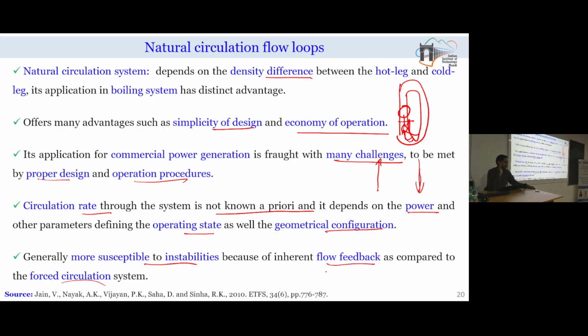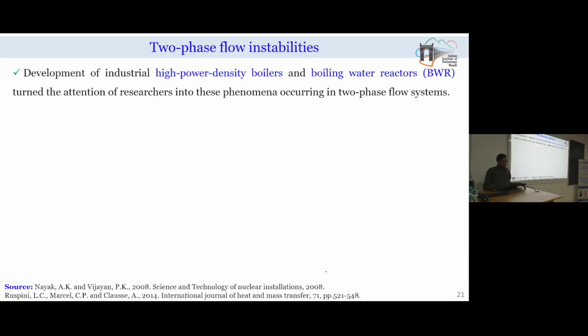The resistance and restriction is not constant. It all depends upon the way different phenomena are taking place within the tube. But still, people are trying to study this, and the major interest is to study the two-phase flow instabilities which take place inside the natural circulation loop.